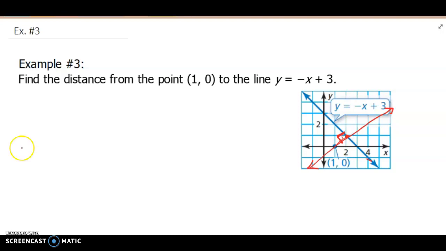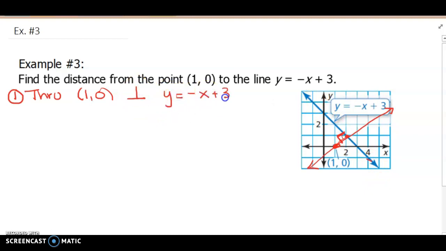All right, so my first step here is I want to find the equation of the line that is through the point (1, 0), so it goes through this point, and it's perpendicular to this blue line. It's perpendicular to the line y equals negative x plus 3.